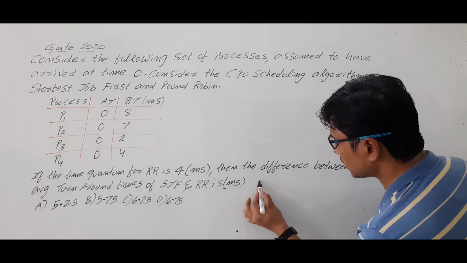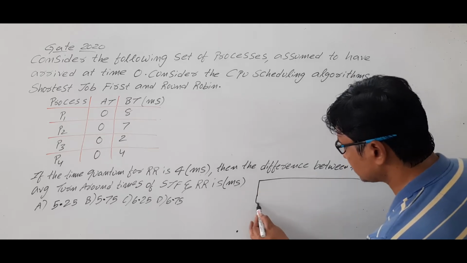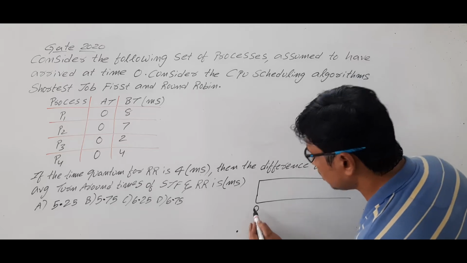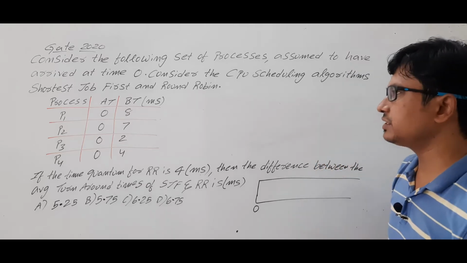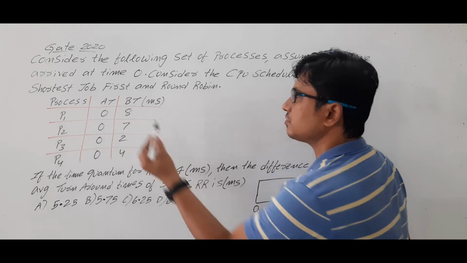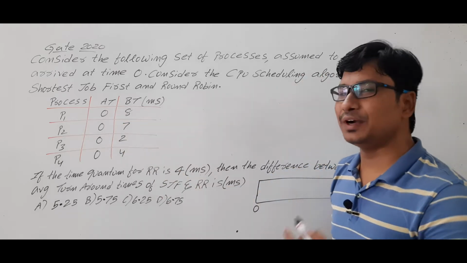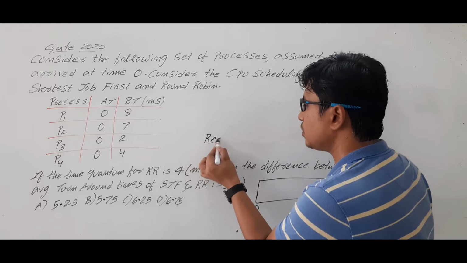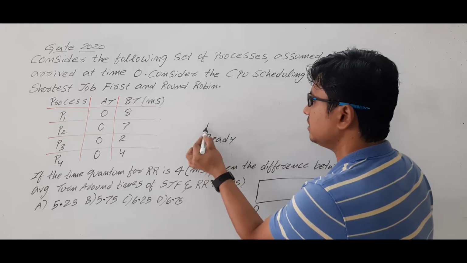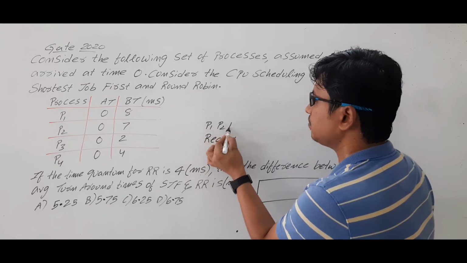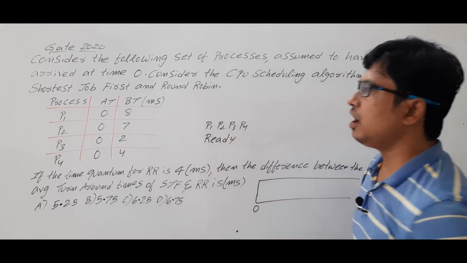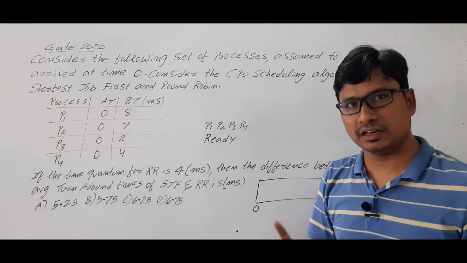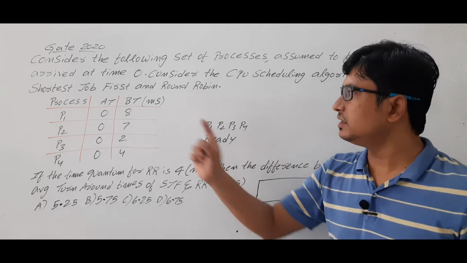To do that, I need to draw the Gantt chart. The Gantt chart always starts from 0 units of time. At 0 units of time, all the processes P1, P2, P3, P4 have arrived, so all the processes are in the ready queue. However, the criteria for shortest job first scheduling is burst time.